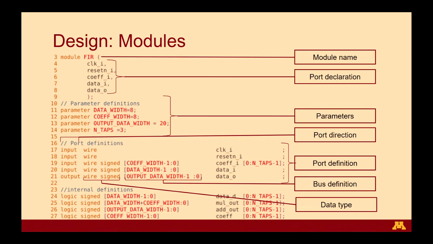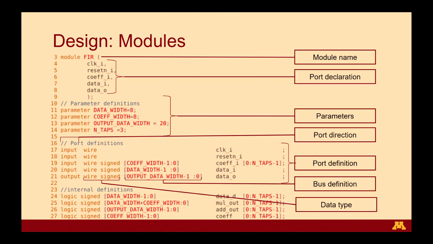In the very first line, you have the module name. Lines 4 to 8 talk about the port declarations. Every module needs to define its inputs and outputs. Whenever we design Verilog modules, you need to think of it as designing physical pieces of hardware.